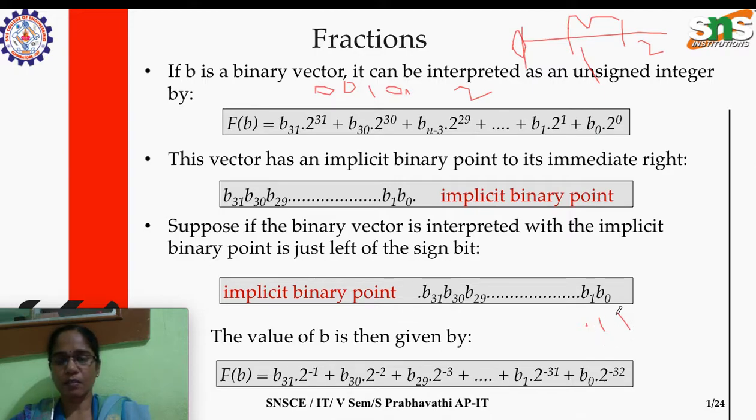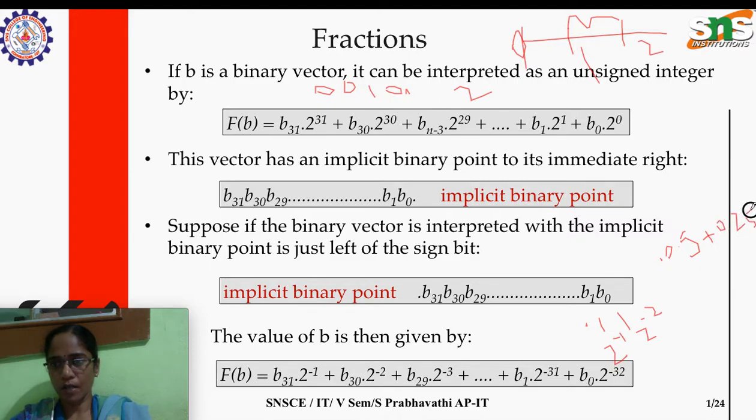So it is 1 into 2 power minus 1, plus 1 into 2 power minus 2. That is 1 by 2, which is 0.5, plus 1 by 2 power 2, which is 1 by 4, which in decimal is 0.25.